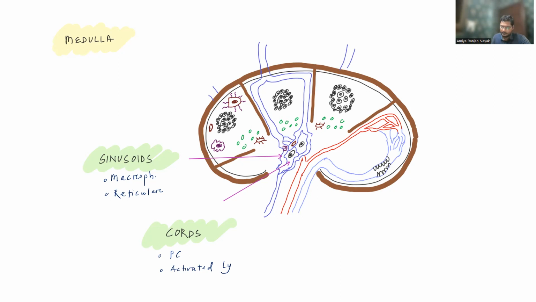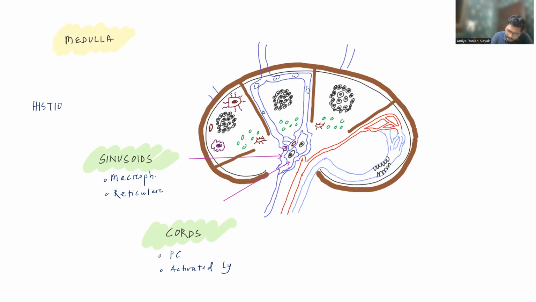Now, one more point I want to tell: these macrophages are also present in all these sinuses. Macrophages are present in the subcapsular sinus, and also in the trabecular sinus. Sometimes these are known as histiocytes.